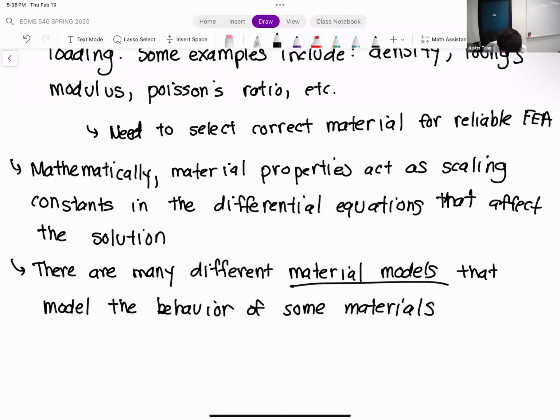This idea of a material model is probably something that has only been lightly touched upon in your previous classes.